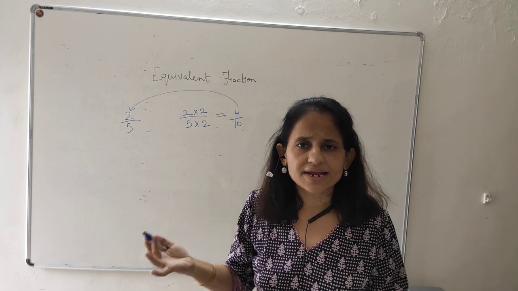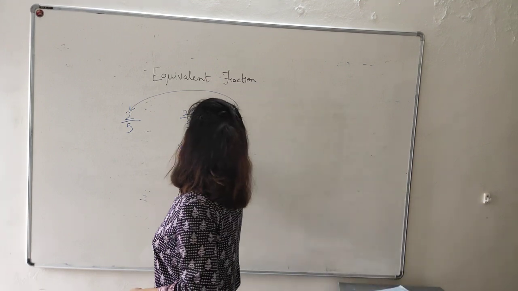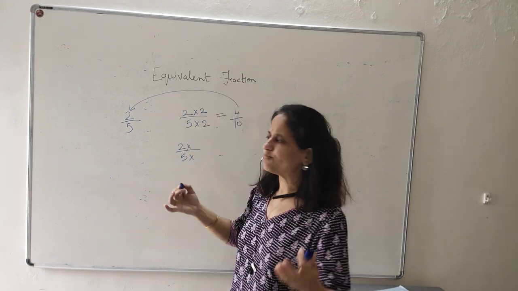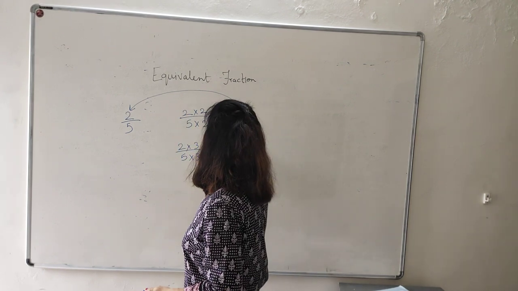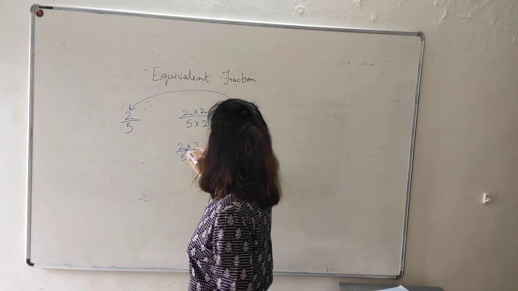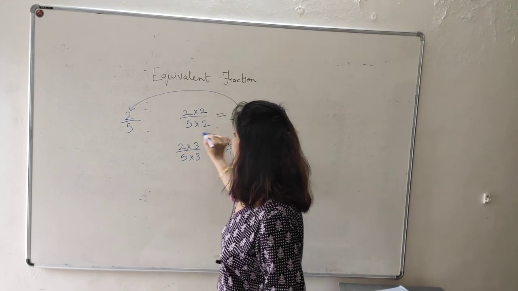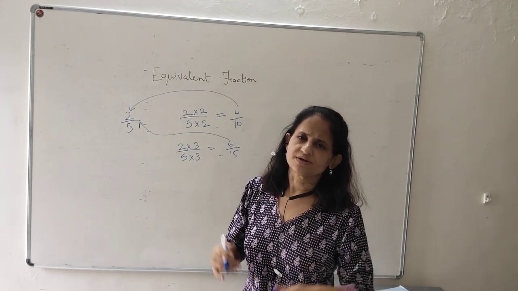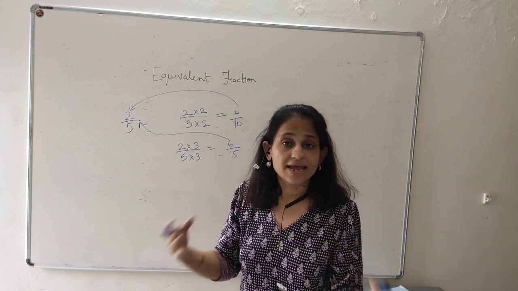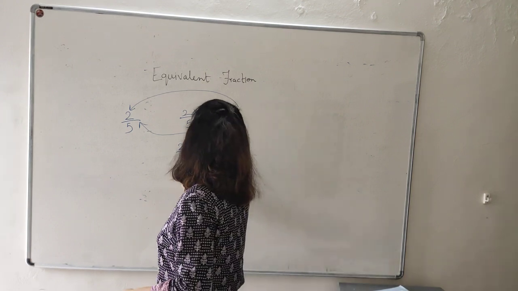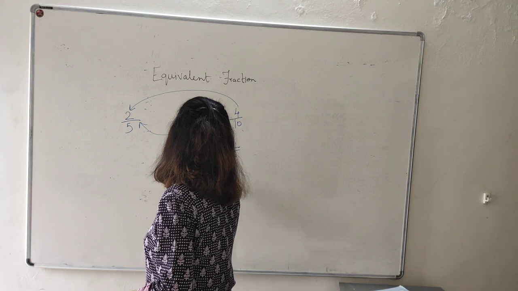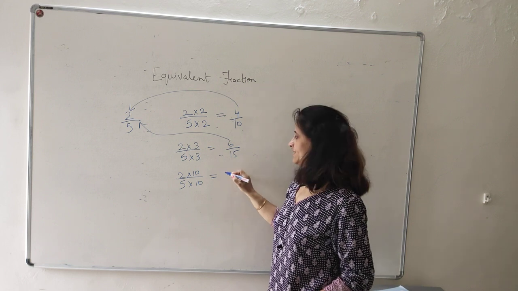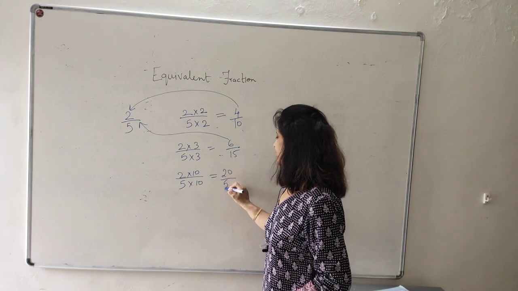You can find infinite equivalent fractions. 2 upon 5, if I multiply the numerator and the denominator both with 3, I'll get 6 upon 15. 2 threes are 6, 5 threes are 15. 6 upon 15 is an equivalent fraction of 2 upon 5. You can multiply it with any number. 2 upon 5, if I multiply with 10, both the numerator and the denominator, I get 20 upon 50.